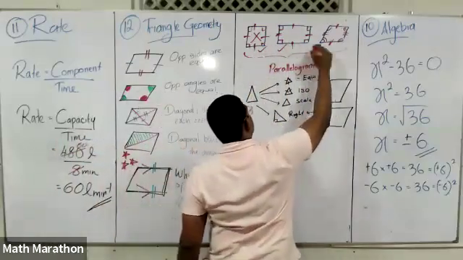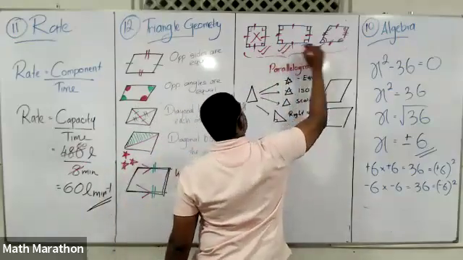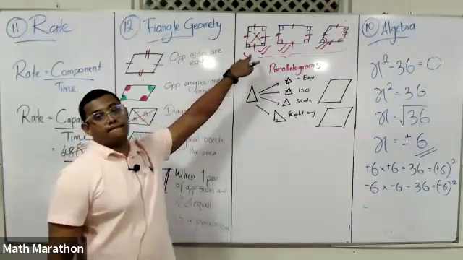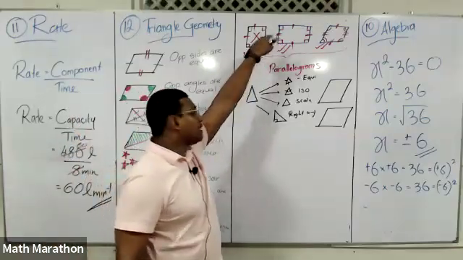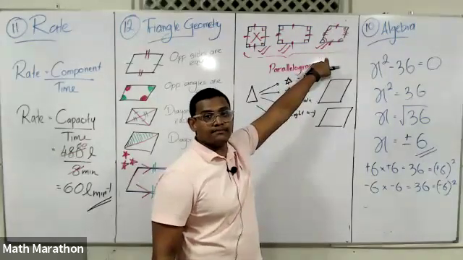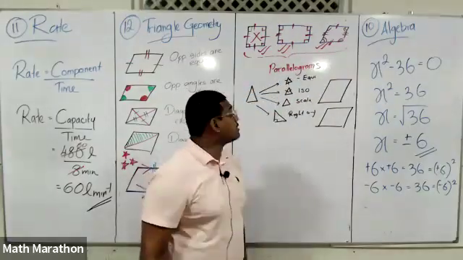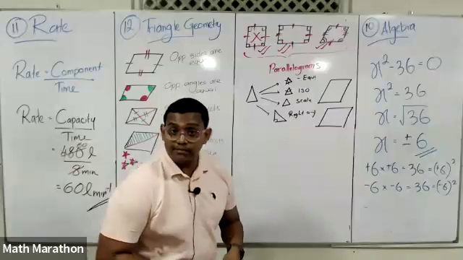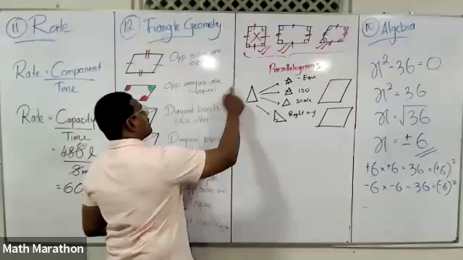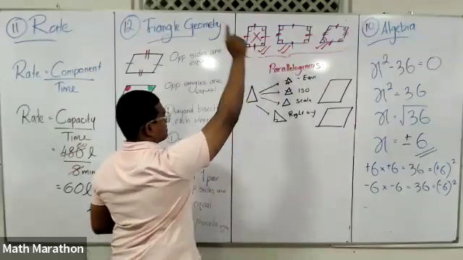Yes, yes, yes. Diagonal bisects the area. Yes, yes, yes. That means what? Square, rectangle, rhombus are parallelograms. Clear? Square, rectangle, rhombus are parallelograms. Clear? Parallelogram is the mother of square, rectangle, and rhombus.